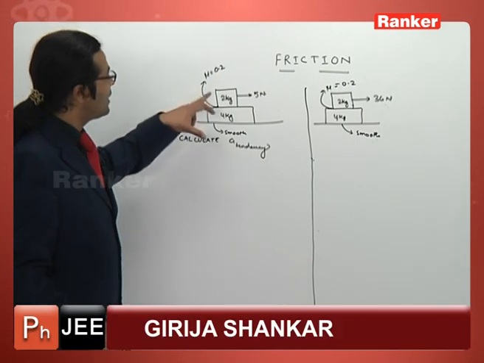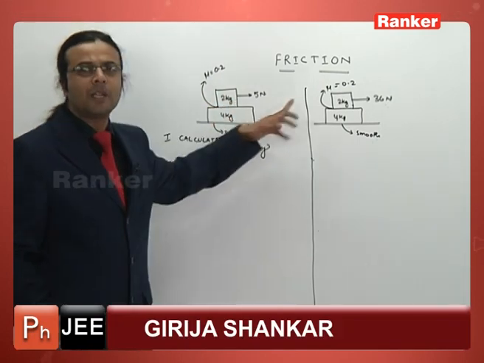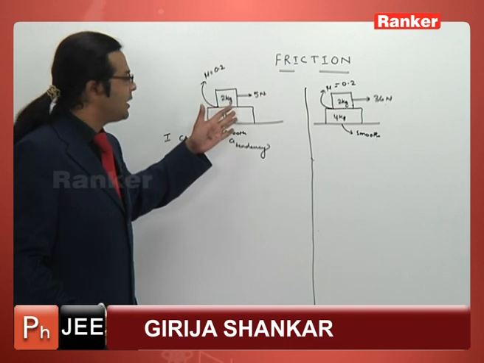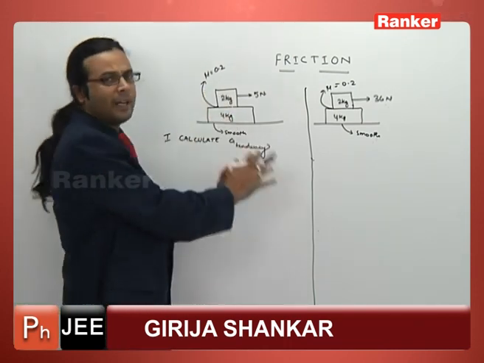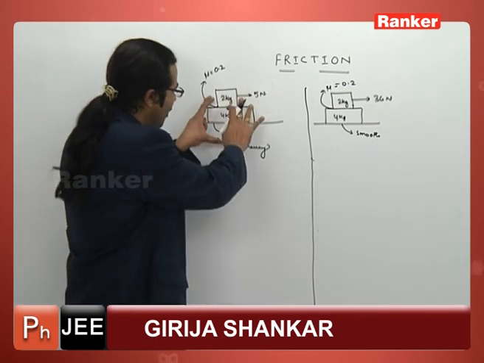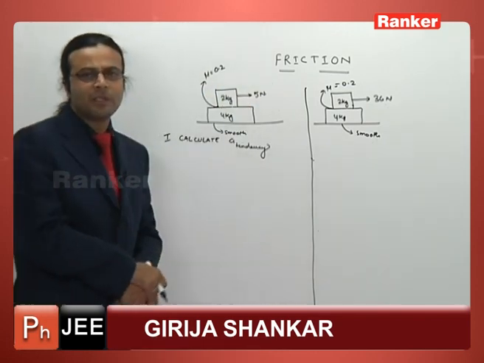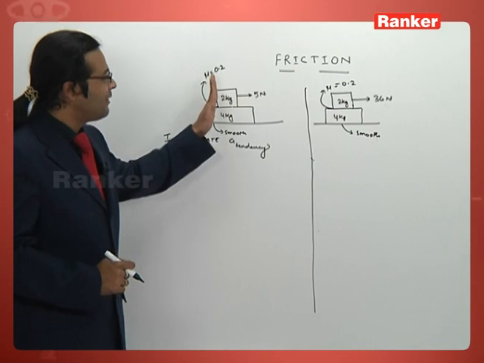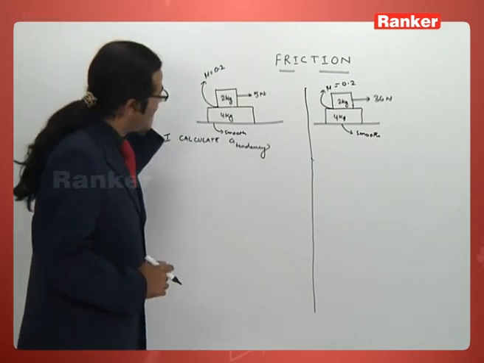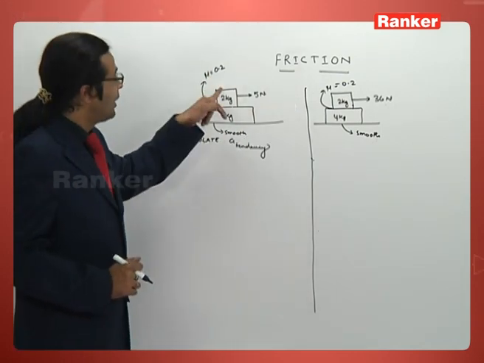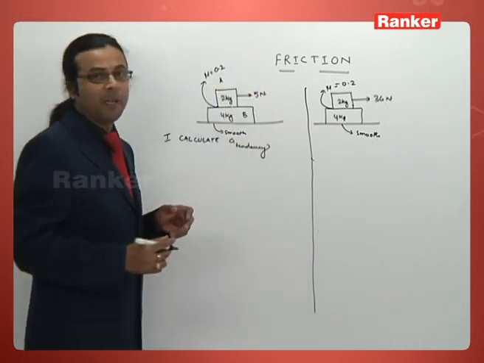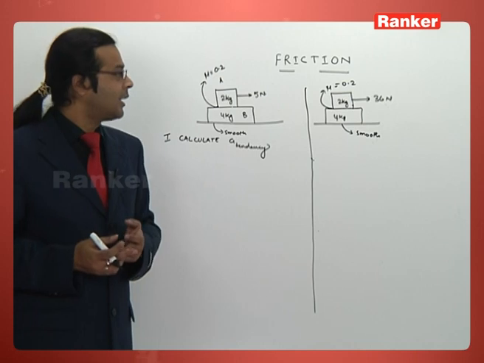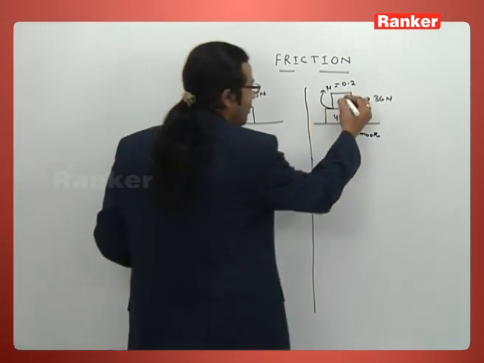It is not necessary that the 2 kg is accelerating with a different acceleration than the 4 kg. Let us calculate the A tendency first. According to Newton's first law of motion, all these blocks will have the tendency to accelerate in the forward direction. Whether individual block A or block B have different accelerations, I don't know yet. We will calculate that.